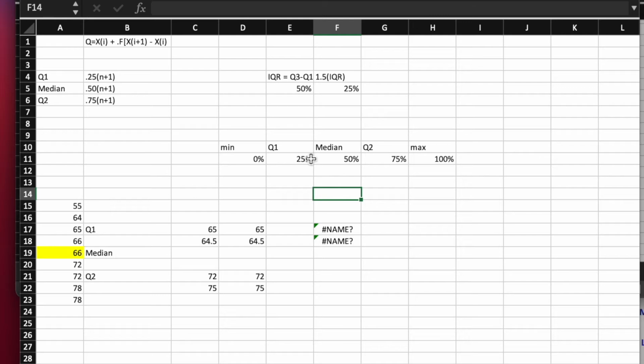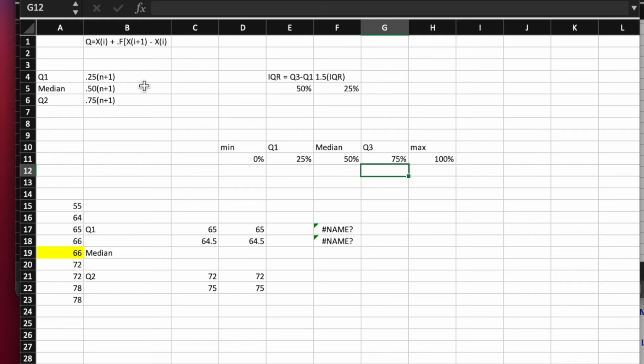That means anything before Q1 will consist of 25% of the data. Anything from the median and below will consist of 50% of the data. Anything from Q3 and below will represent 75% of the data. And of course, if you go from min to max, that's 100% of the data, right?